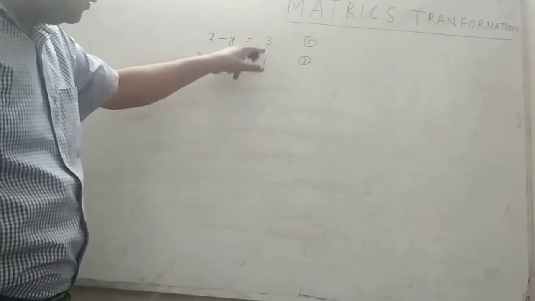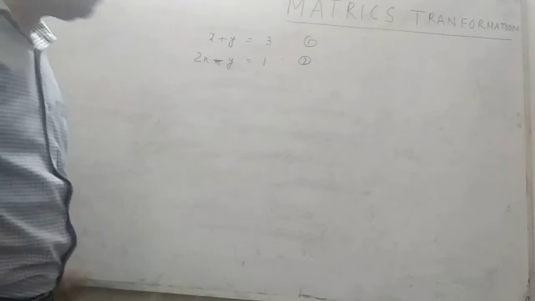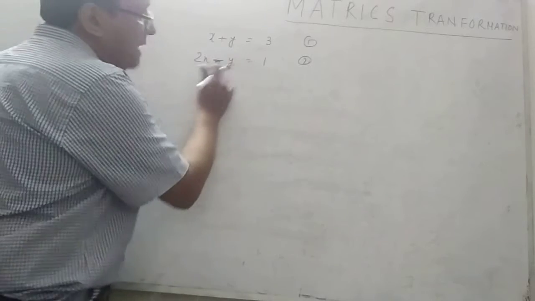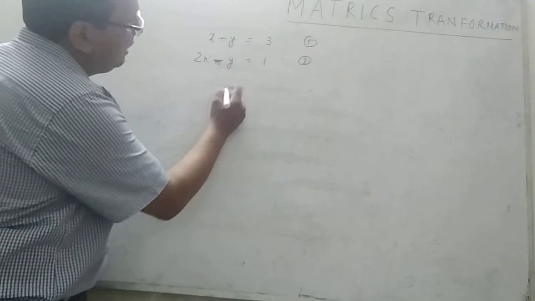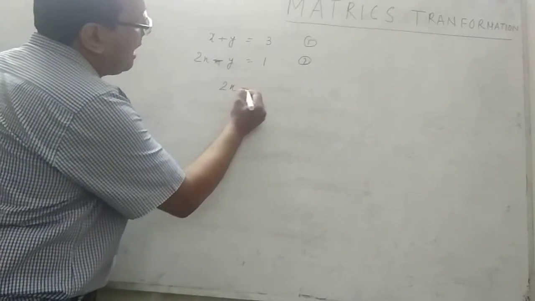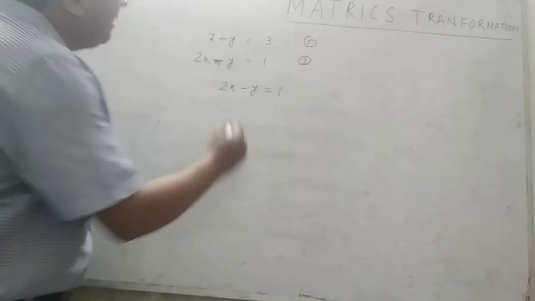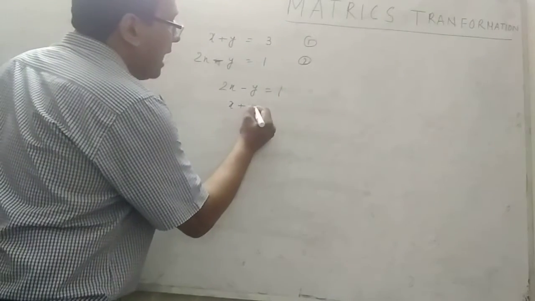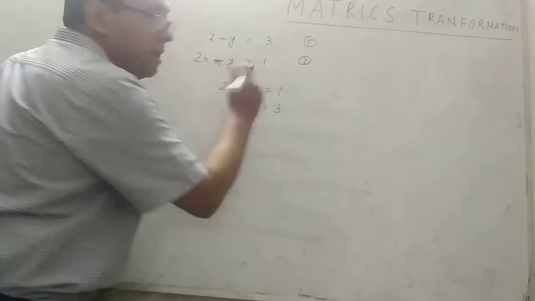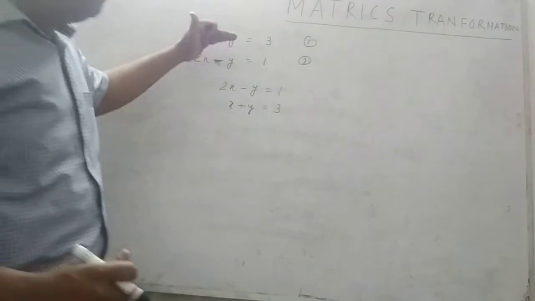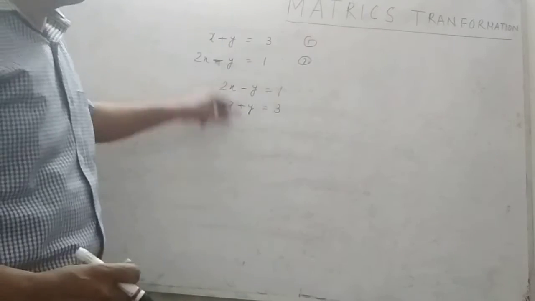You can write these 2 equations alternately in this way. I want to rearrange these equations this way: 2x minus y is equal to 1, and x plus y is equal to 3. I can rewrite or rearrange these 2 equations in this way.